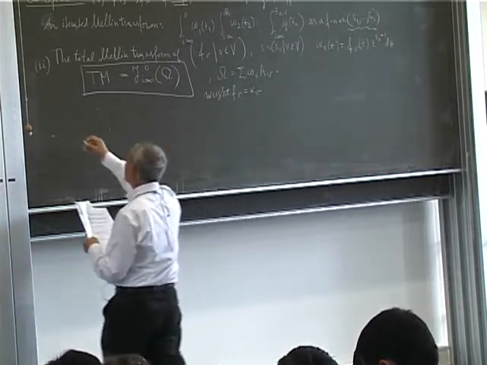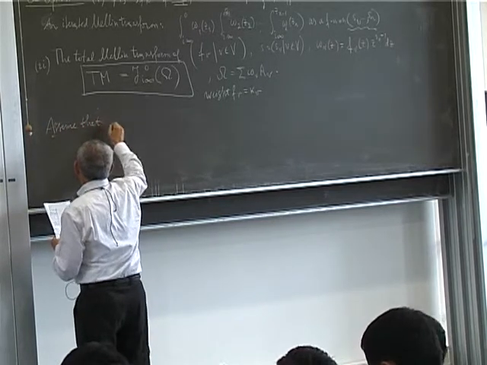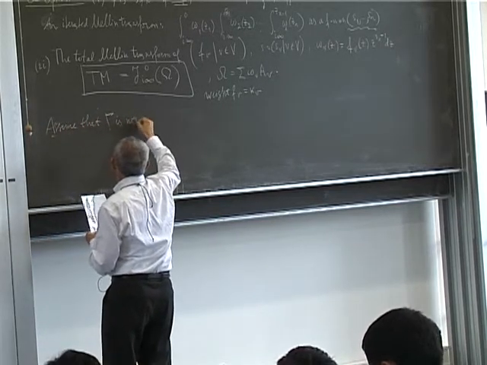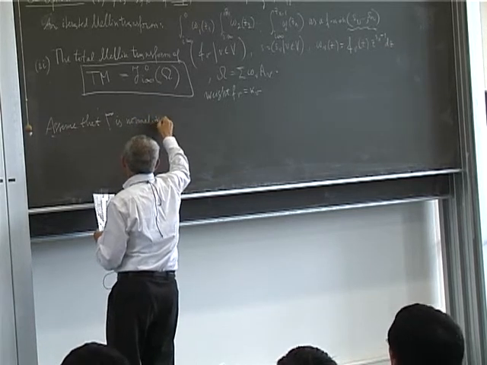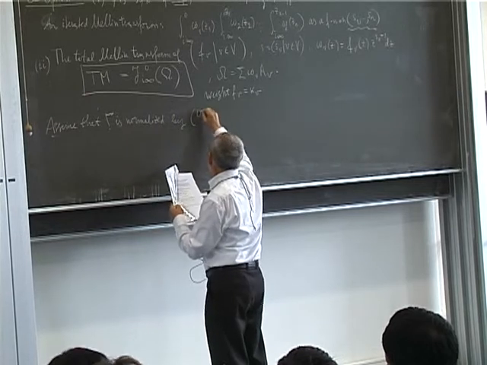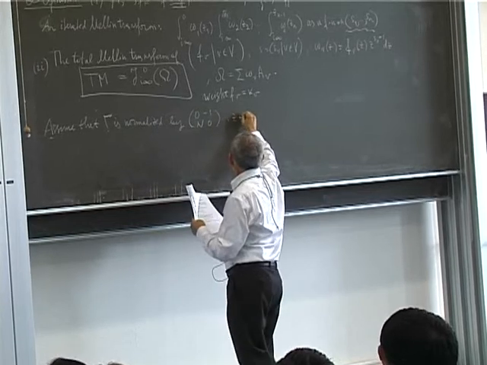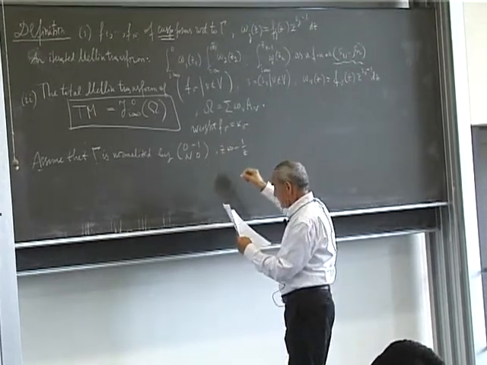So I will assume that gamma is normalized by the matrix with entries 0, minus 1, 1, 0. So essentially, z goes to minus 1 divided by z.